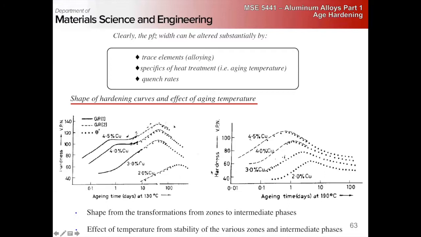What do you guys see here? What are the primary differences here? We see theta prime form a lot earlier, after a couple hours instead of after a couple tens of days. So interesting interpreting this graph.